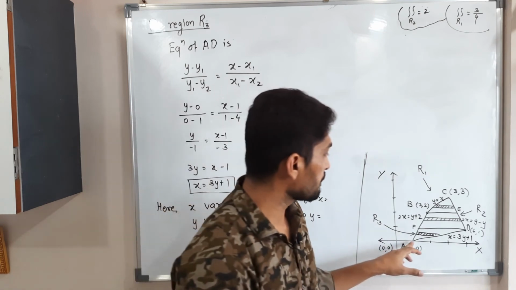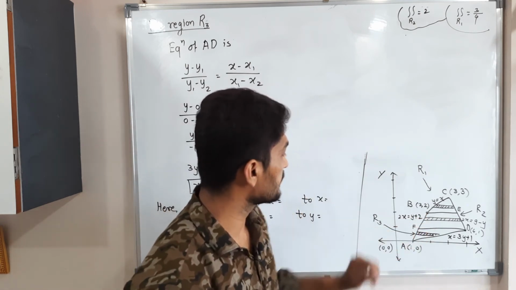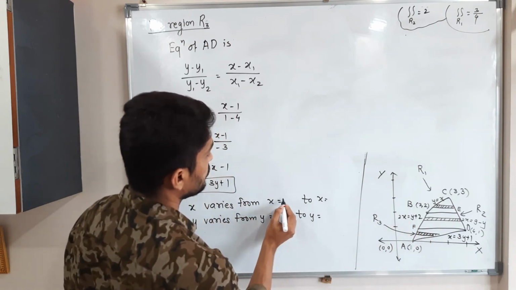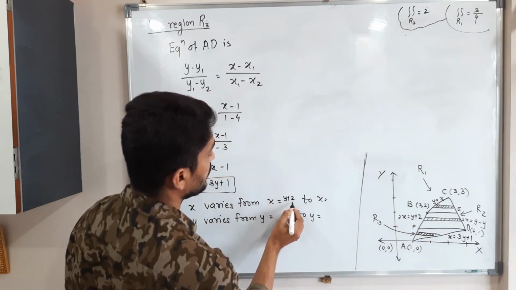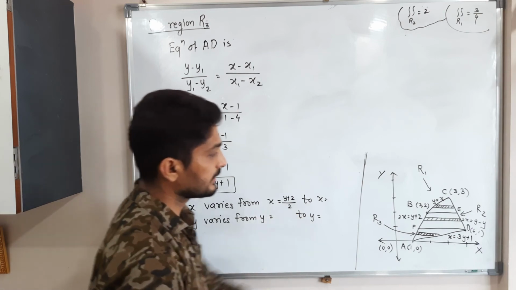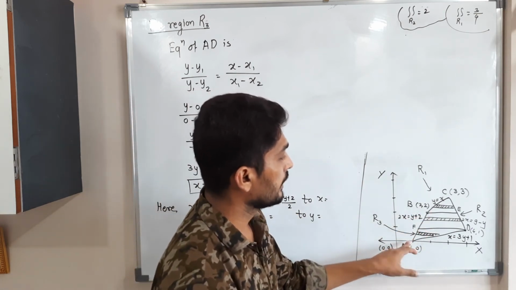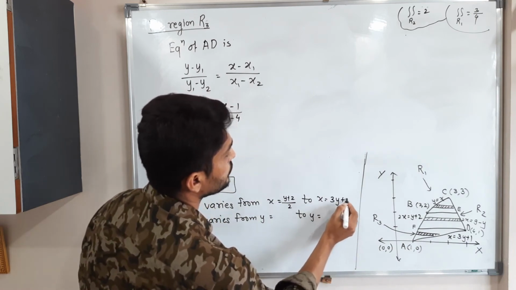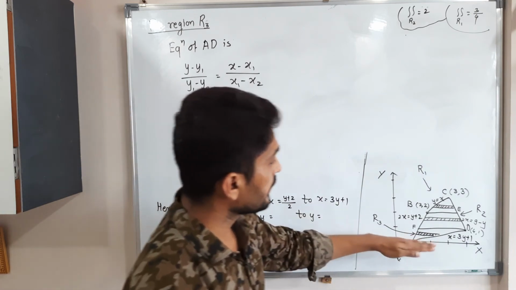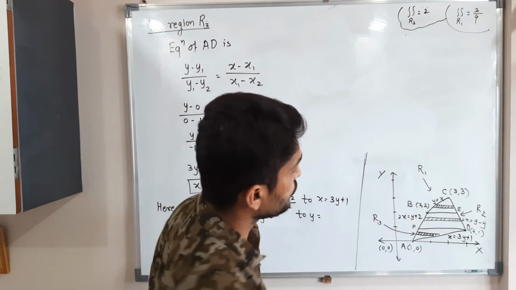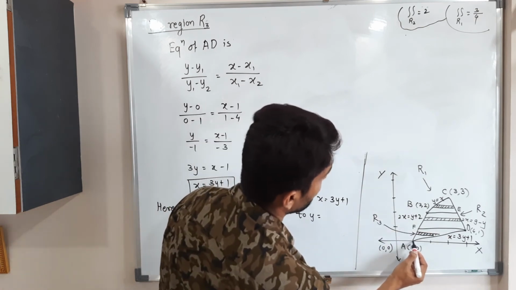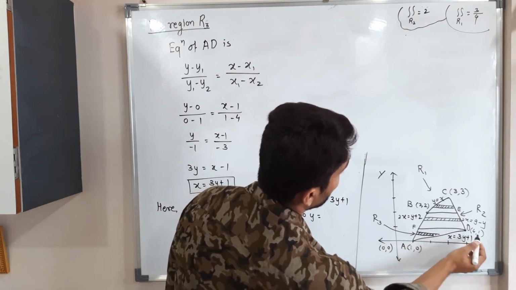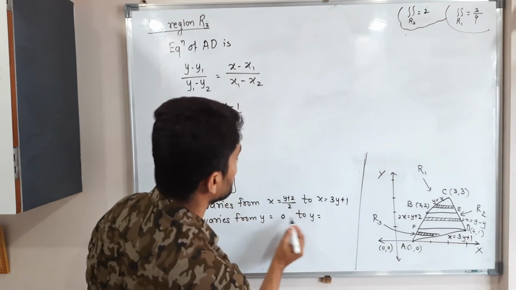It is bounded below by this line. What is its equation? 2x is equal to y plus 2, so x is equal to (y plus 2) divided by 2. And what is the equation of this line? x is equal to 3y plus 1. Now it will move from bottom to top. It will start from here where the value of y is 0 and finish at this line where the value of y is 1. So it is 0 to 1.